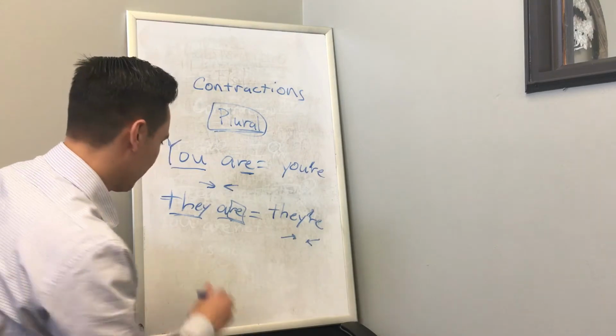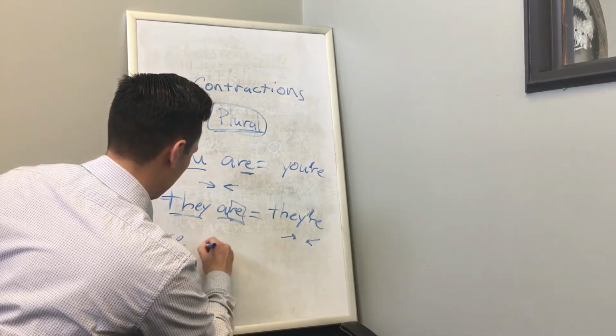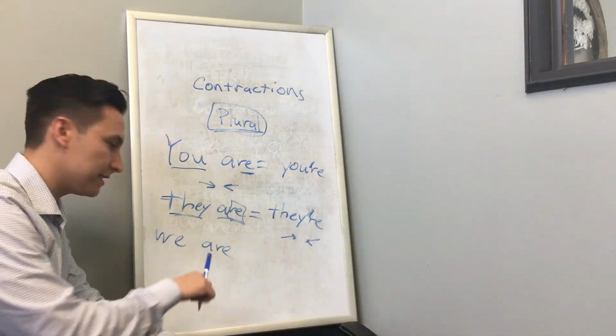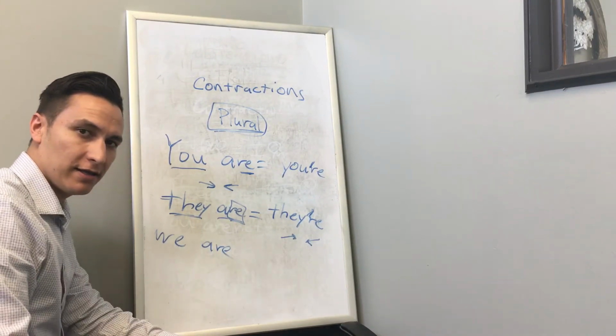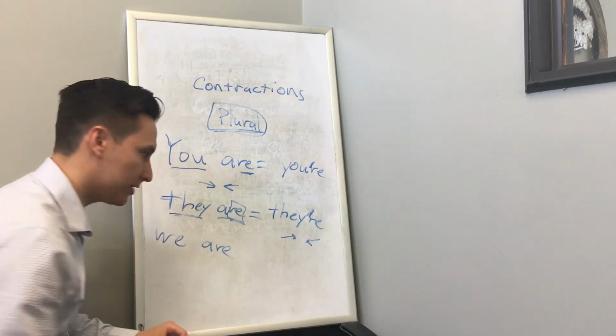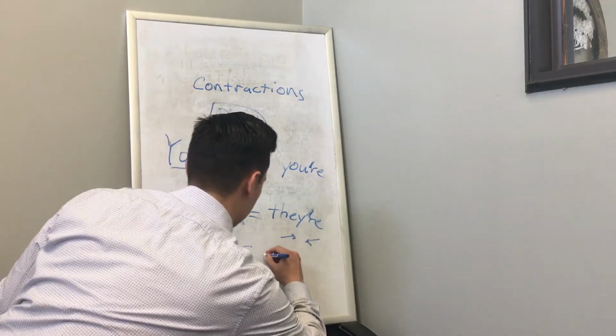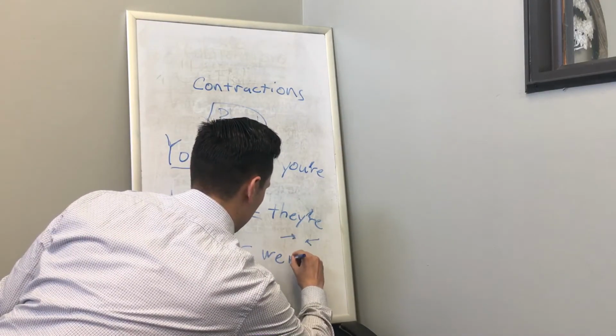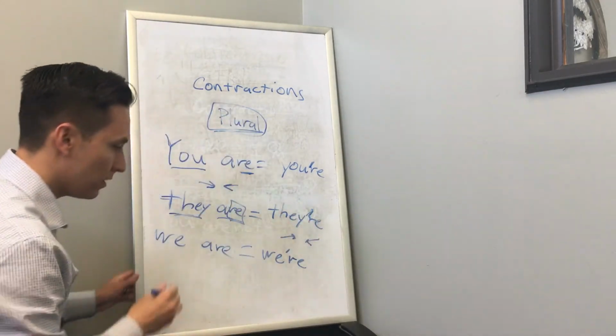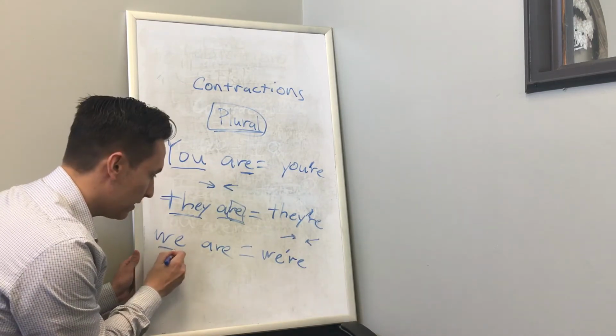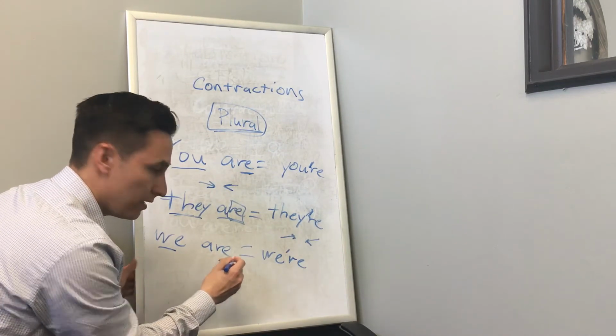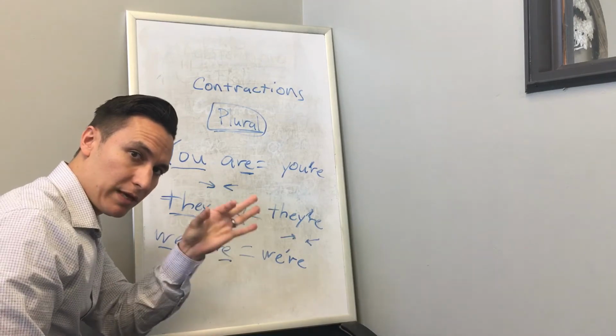Next one. Hopefully you can see that. It says we are. And the way to combine that with a contraction is, we find that you take the WE and the RE and we just put them together. We put them together.